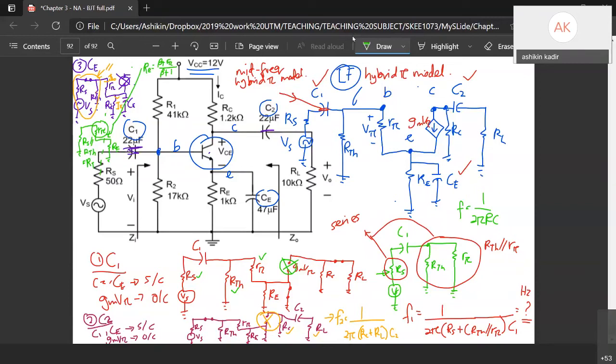Then, we need to redraw it. So here we have resistance, here RE.